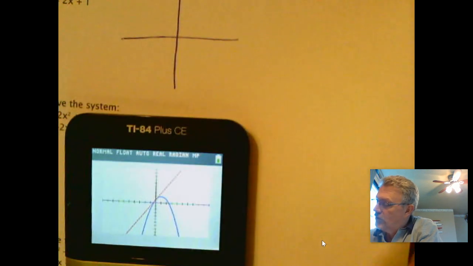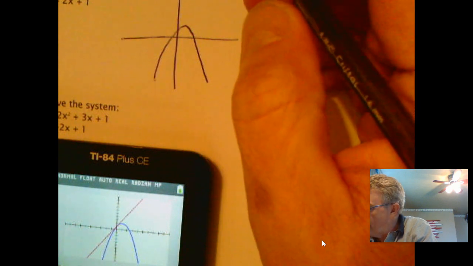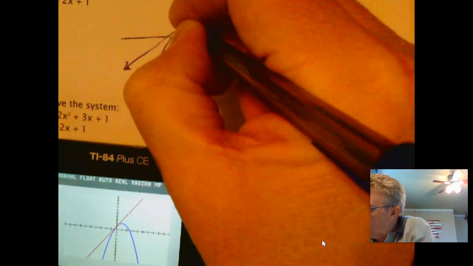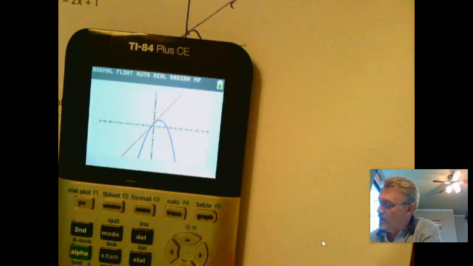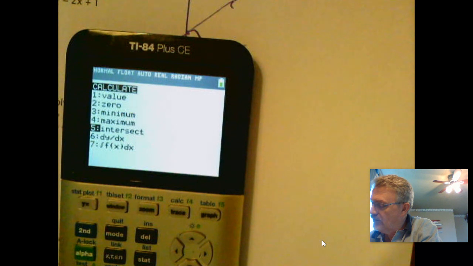So we have a parabola that opens down, and we have a line, and we just have one point of intersection. So second trace, intersect.